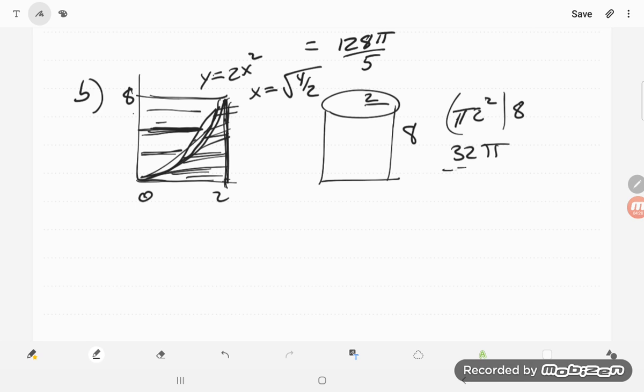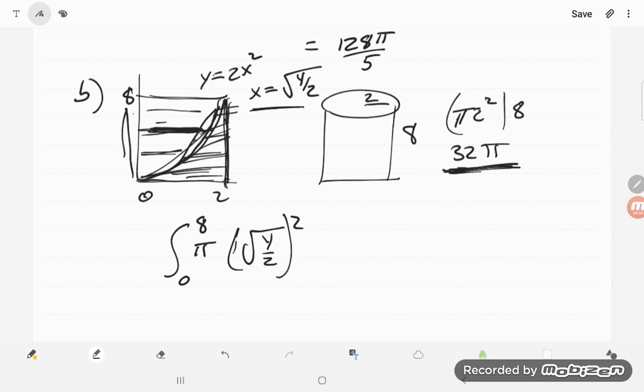Okay. So the outside is our 32 pi, and now the inside is our x value. And so we're integrating from 0 to 8. We have pi, and our r is the square root of y over 2, but we're squaring it, and then dy. So that is equal to the integral from 0 to 8 of pi times y over 2 dy.